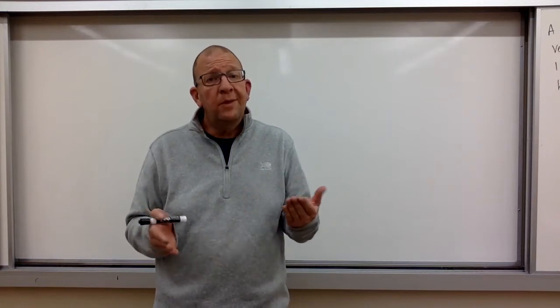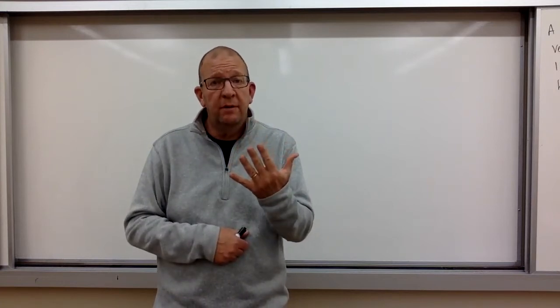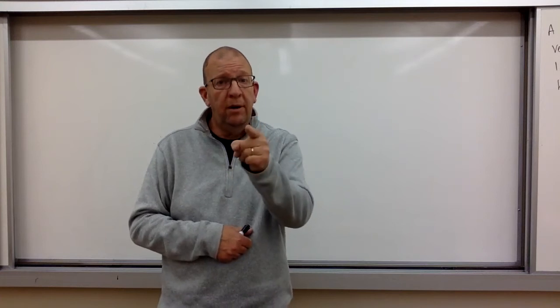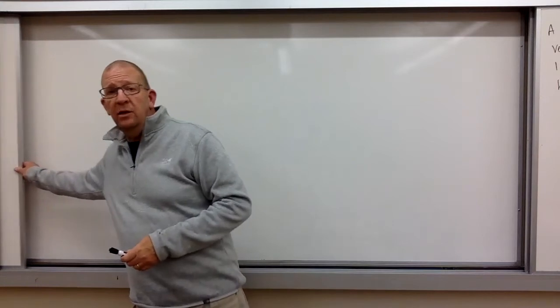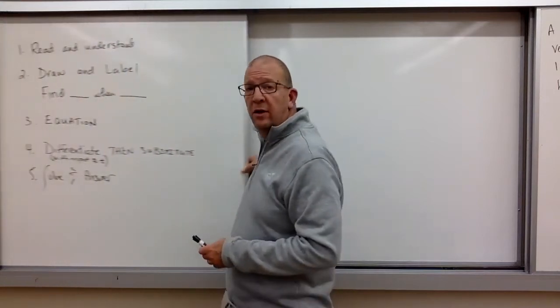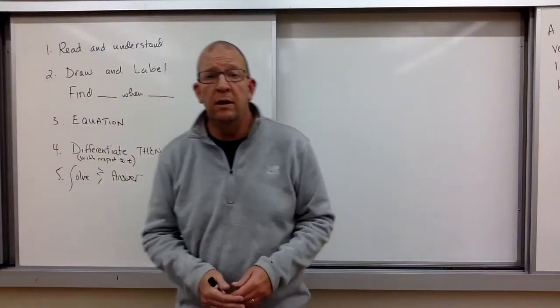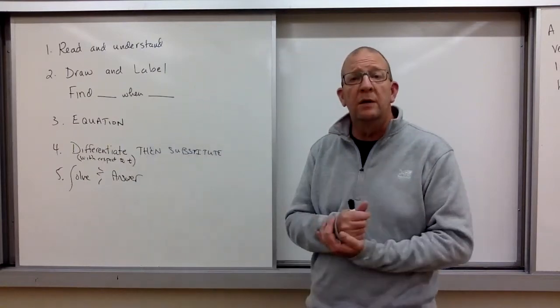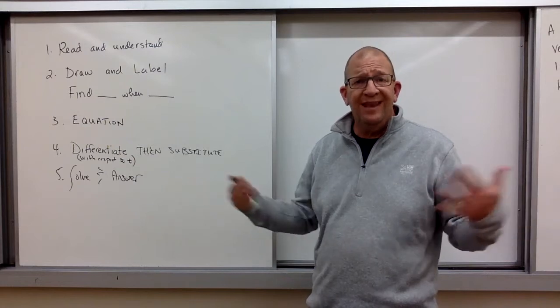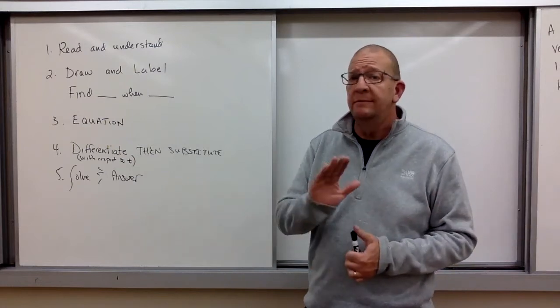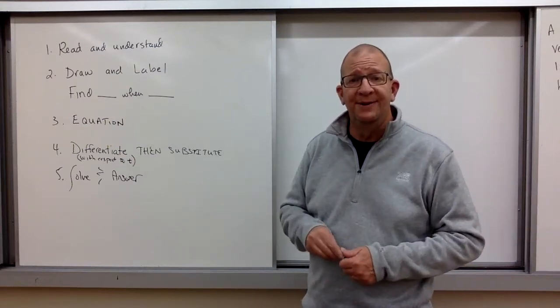And really, you've got your 5 steps. Do you remember the 5 steps? Let's take a look. 1, we're going to read and understand the problem. If you don't know what's going on in the story, don't even bother. Okay?